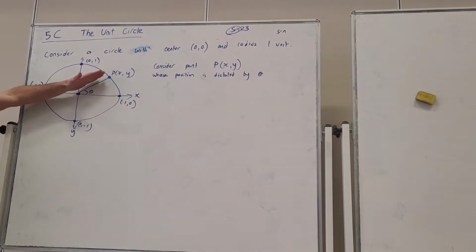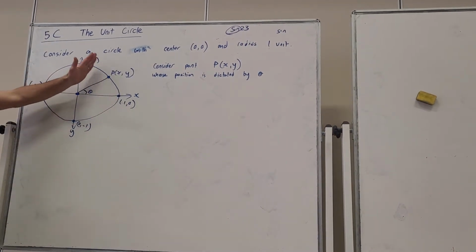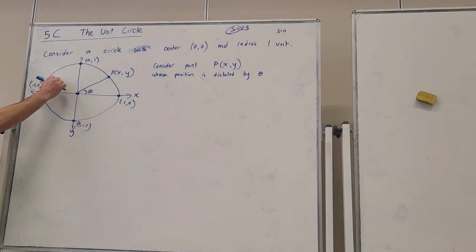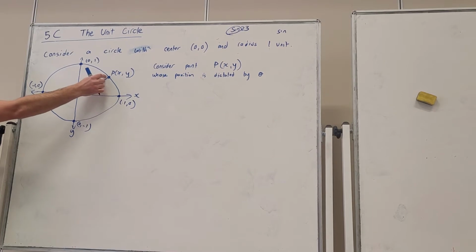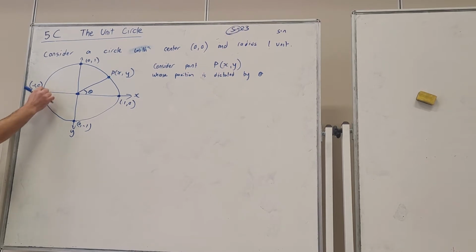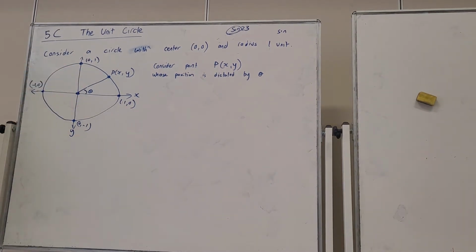If theta is really small, then point P is going to be down here. If theta is really large, its position depends on the value of theta. If theta is 90 degrees, point P would be here. If theta is 180 degrees, point P is going to be here. If it's 135 degrees, it's going to be halfway, it's going to be here. So this point P depends on whatever that value of theta is.